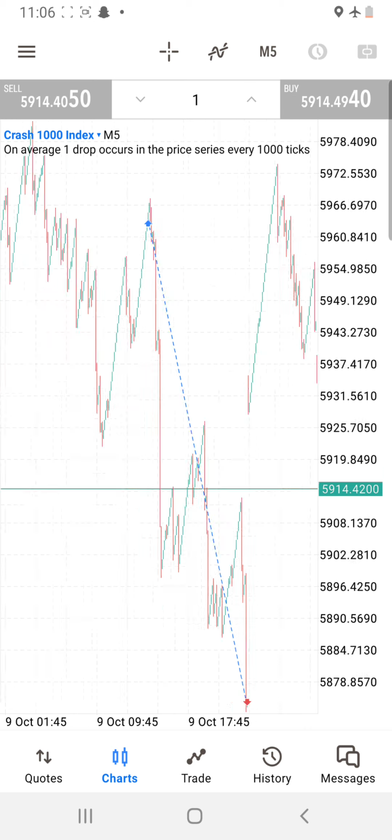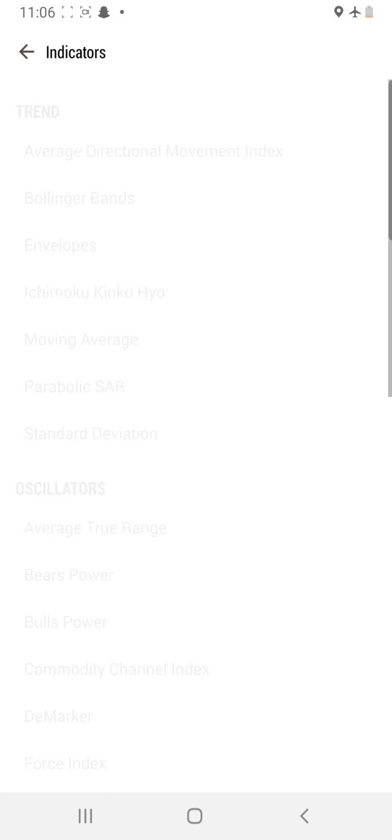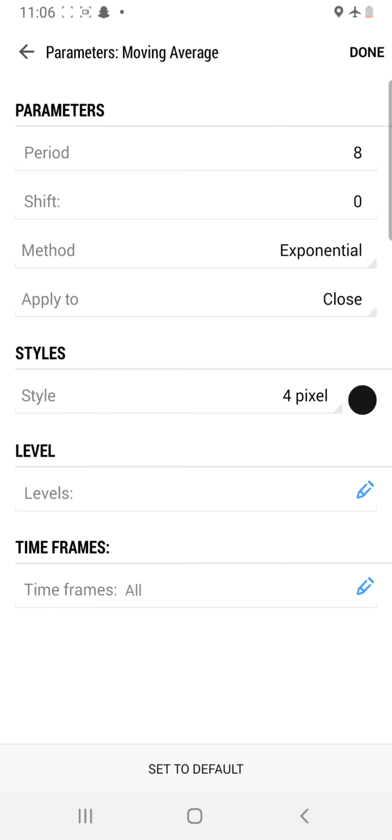Now that I've removed every indicator, I'll start the process of installing the first indicator that we're going to need on our charts. It is called a moving average, and this moving average should have the following properties that you see on my screen. The period is 8, the shift is 0, the method is exponential.